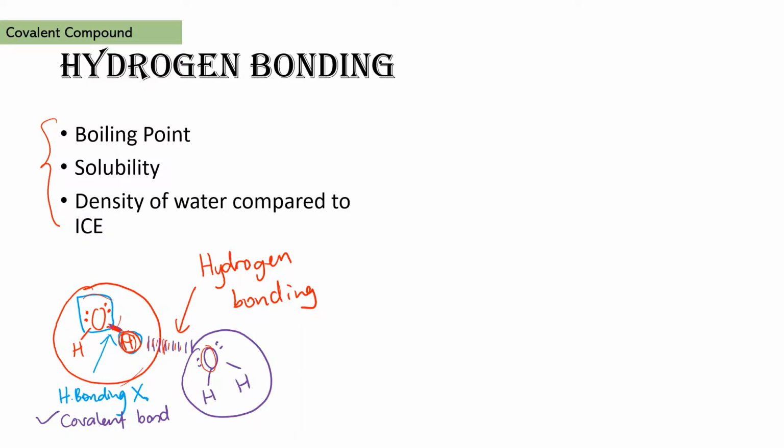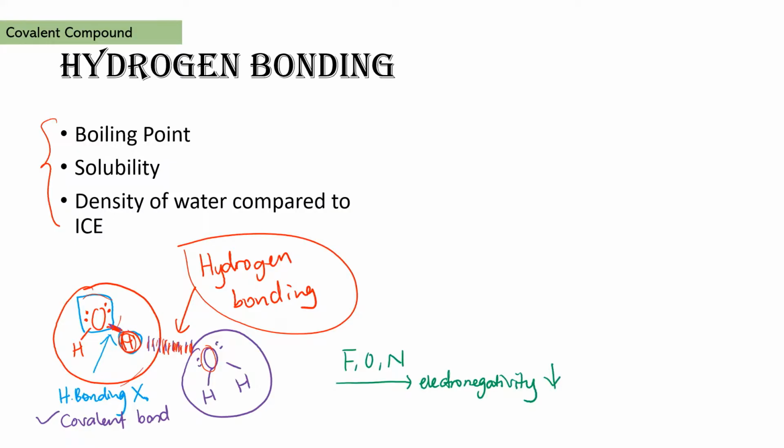In between the two molecules, this is called an intermolecular force, and we specify it as hydrogen bonding. Here are the examples of highly electronegative atoms: fluorine, oxygen, and nitrogen, arranged in descending order.